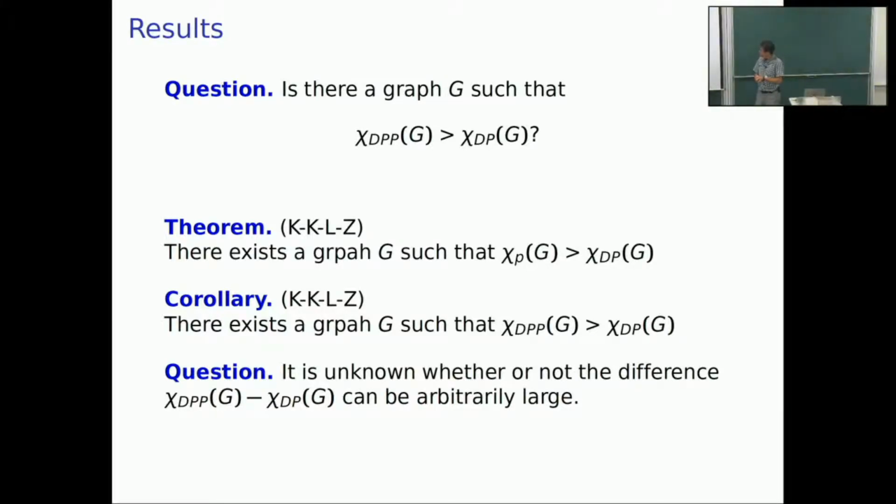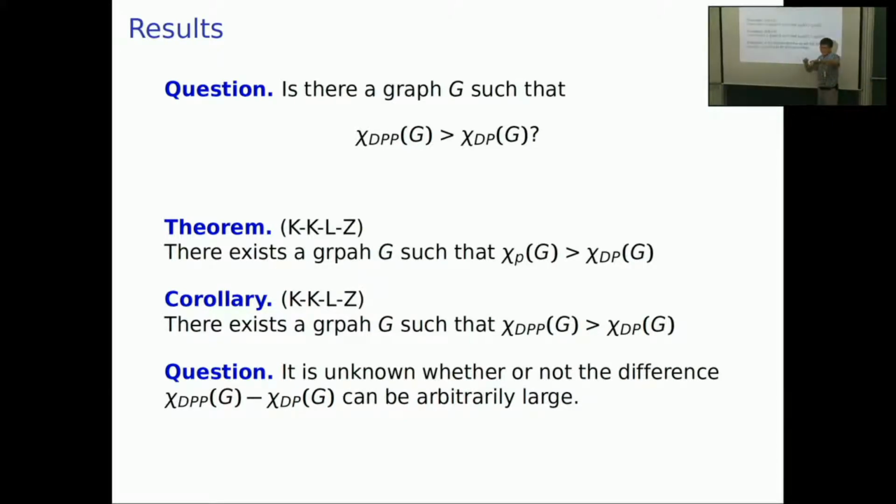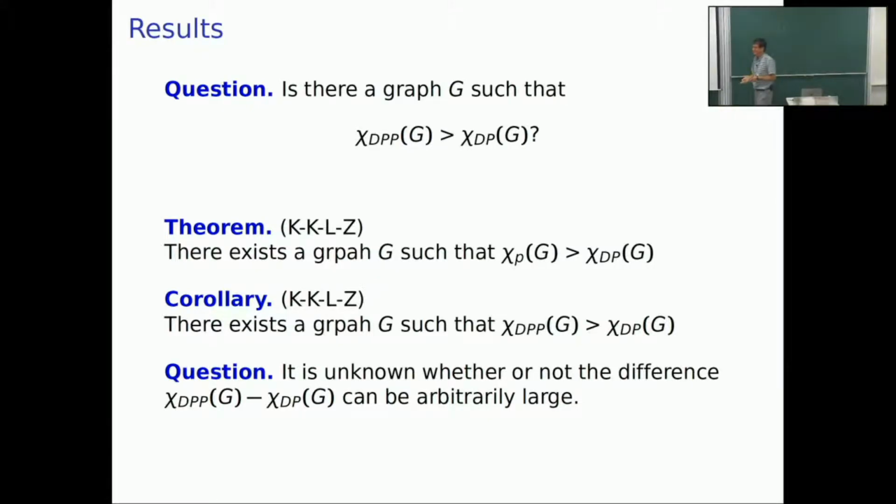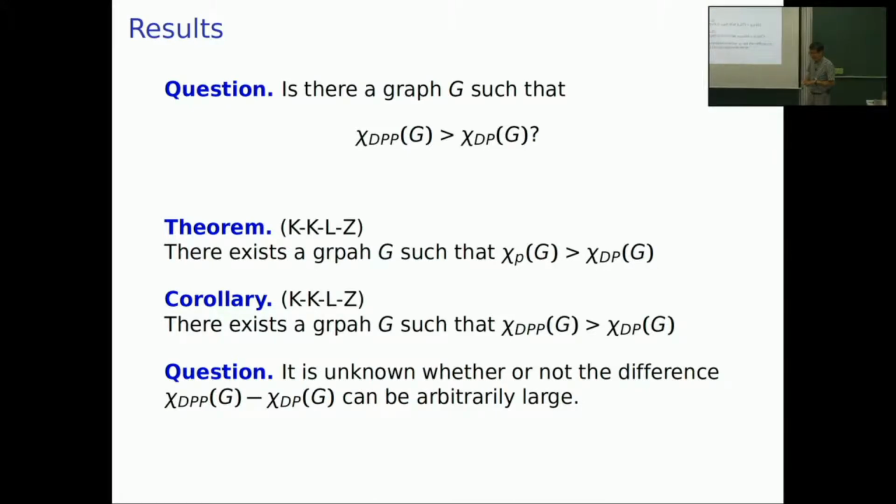Honestly, I'm not very sure how much different online DP coloring is from DP coloring. My feeling is not so much different. Is there a gap between DPP and just P? Not now, maybe not many.